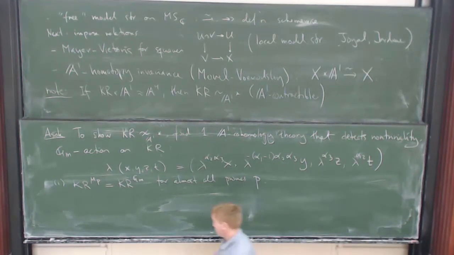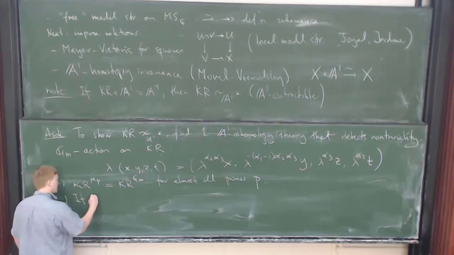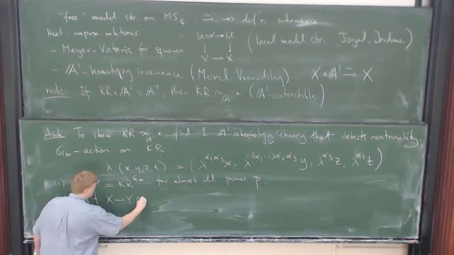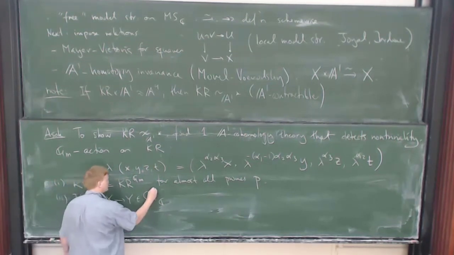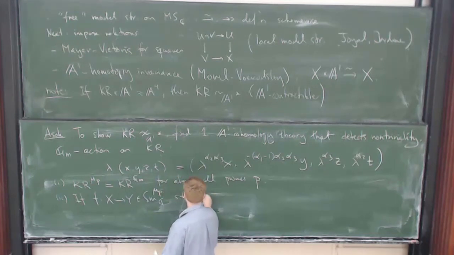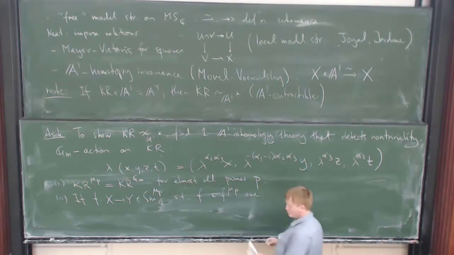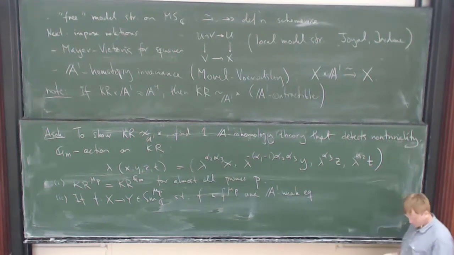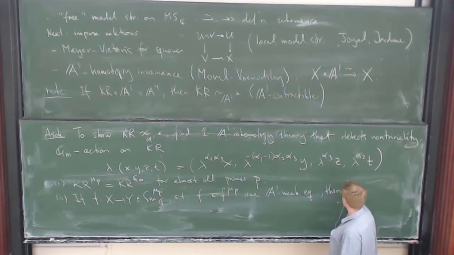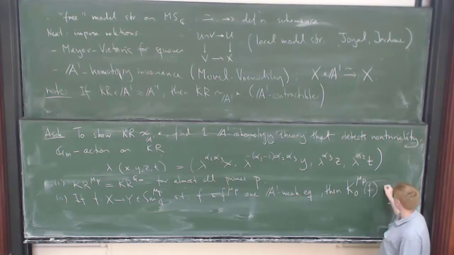That's the first step. The second step says that if we have a map f from X to Y in the smooth schemes over C equipped with a mu p action, such that f and the fixed points of f with respect to mu p are both A1 weak equivalences, then the induced map on mu p equivariant K naught is an isomorphism.